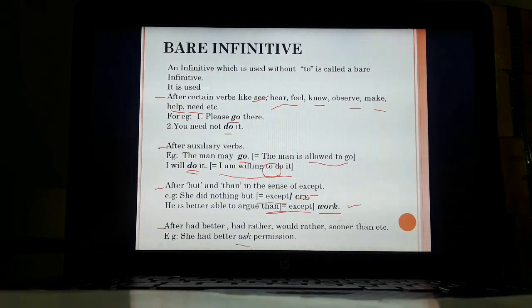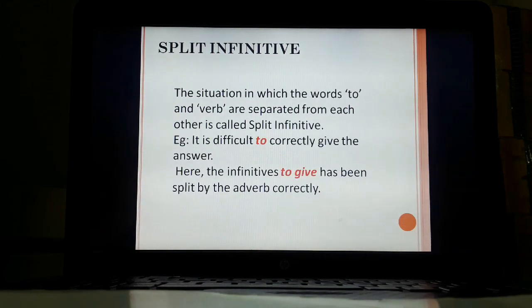And according to the rule, I have already told you that bare infinitives are used especially after had better, had rather, would rather, sooner than, etc. Hope bare infinitive is clear to you. Now, split infinitive. Split, the word itself, means to divide: the infinitive which has been divided.